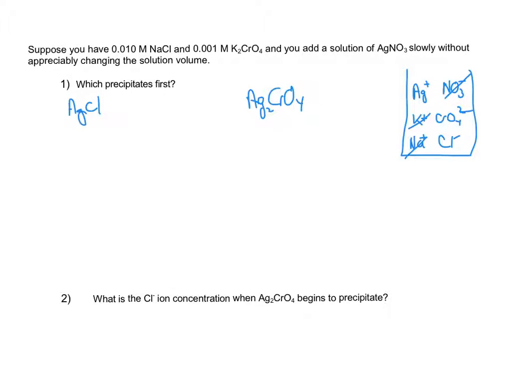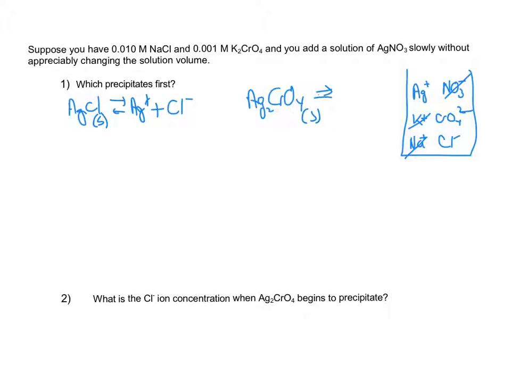Now, you could compare their Ksp's, but that's not enough, because remember, if they were the same ratio, like, let me write the dissociation equation to explain. So this is Ag+ and Cl-, solid there.